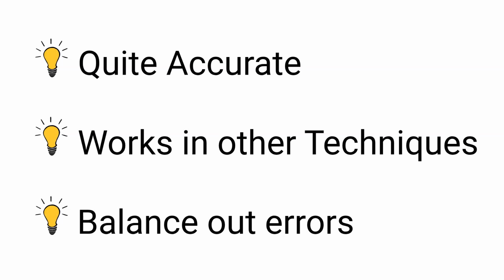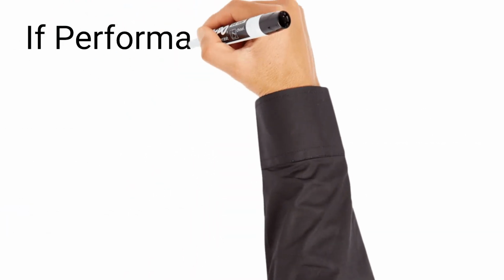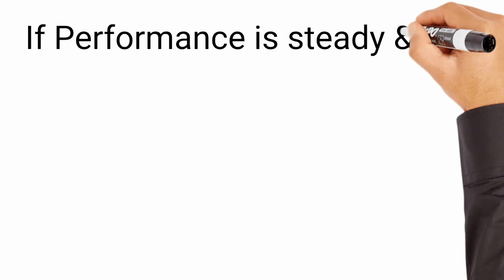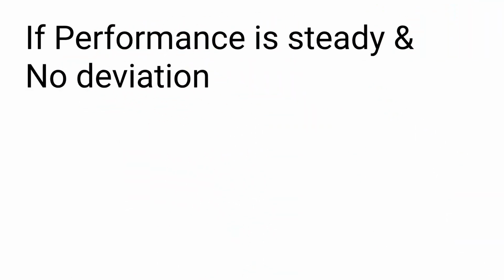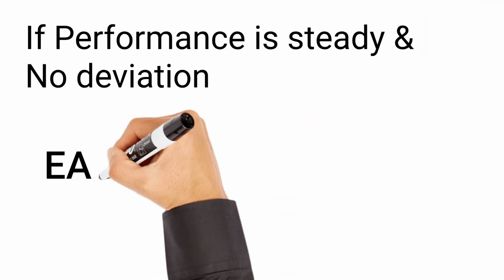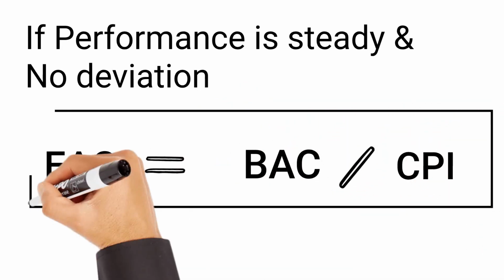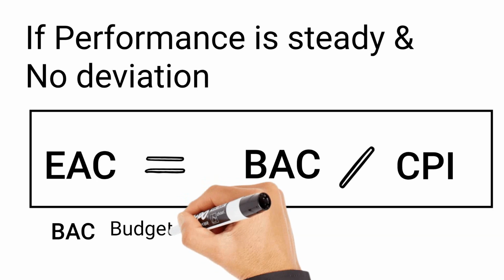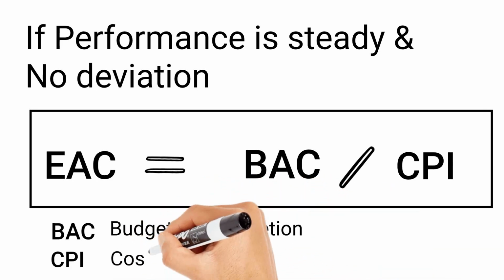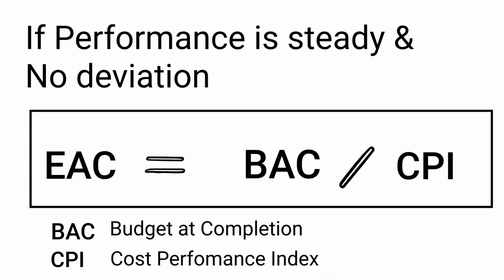The next formula is used when performance is steady and has not deviated too sharply from the original estimate. The formula for EAC is BAC divided by CPI, where EAC is estimate at completion, BAC is budget at completion, and CPI is cost performance index.